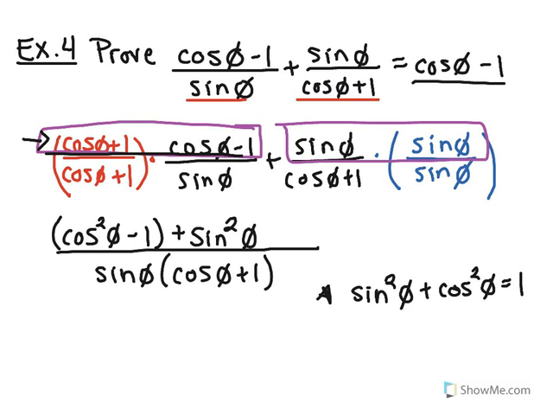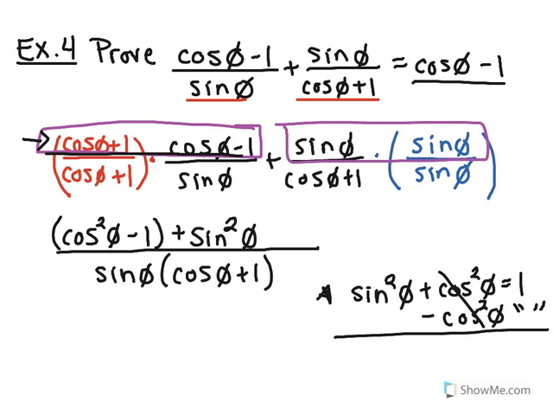But watch what happens here. Remember that I'm trying to get rid of sine squared phi here because it's nowhere in my proof. So I'm going to try to get sine phi all by itself. So I'm going to subtract a cosine squared phi to both sides here. And pretend that I'm doing that to the right-hand side as well. I just can't fit it over here.